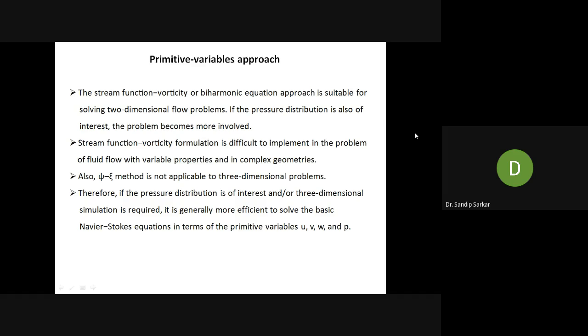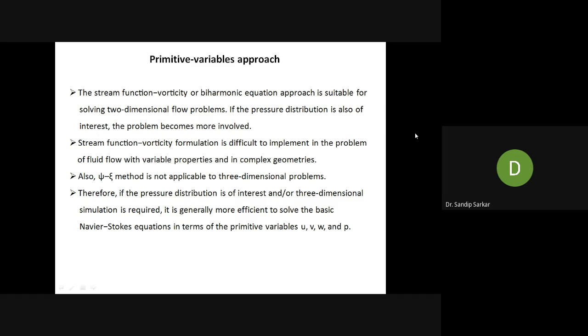All commercial packages employ this method only. This is the method through which one can solve a variety of computational fluid dynamics problems, involving fluid flow and heat transfer. That is called the primitive variables approach or primitive variable method.